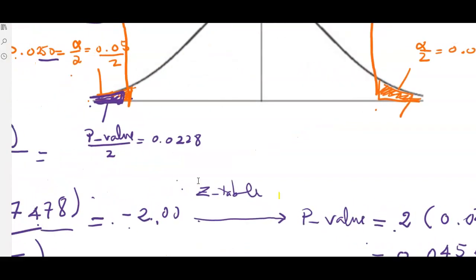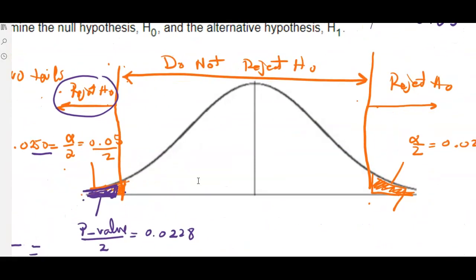So let me explain it on the chart. The critical value is where the alpha over 2 ends. So this part here, z critical. And because we have two tails, this is again another z critical.